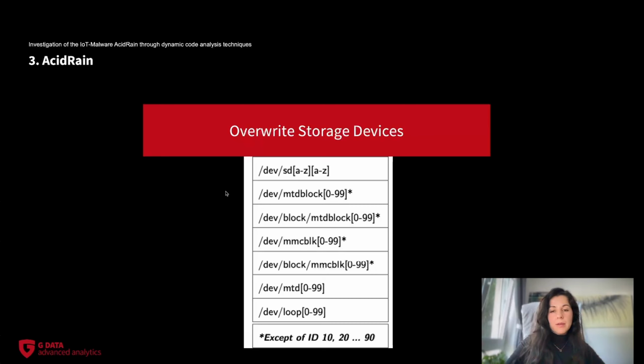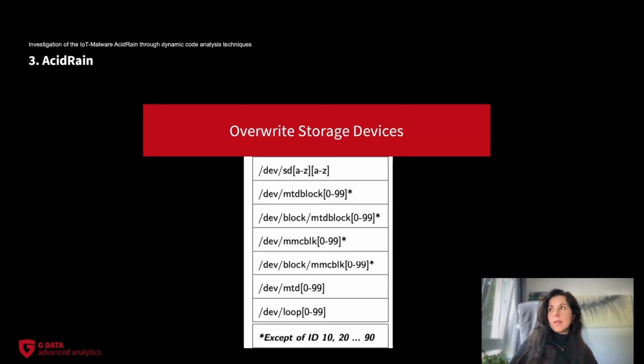We see here in the beginning, it generates SD storage devices, MTD block devices from 0 to 99, then MTD block devices, and so on, and loop devices. These are Linux-specific devices.